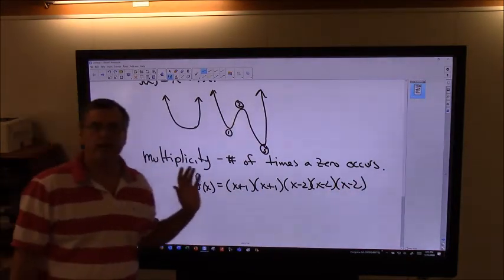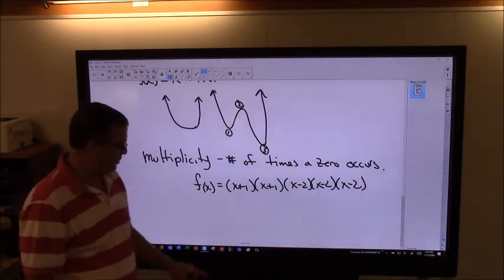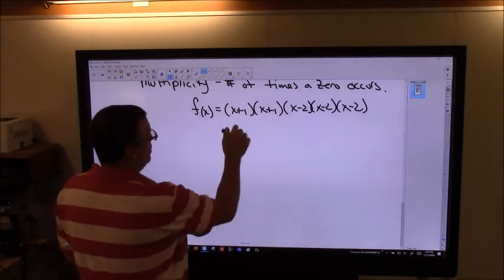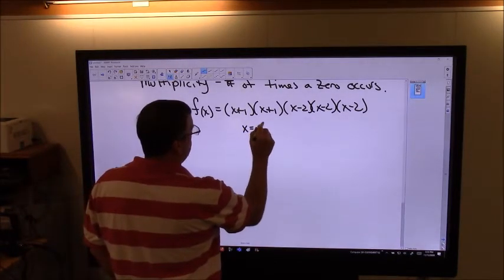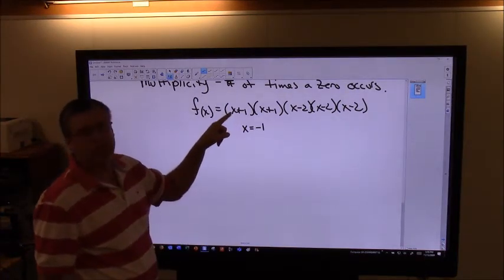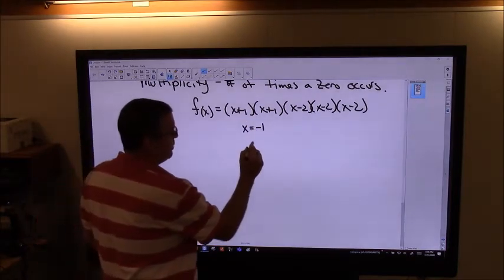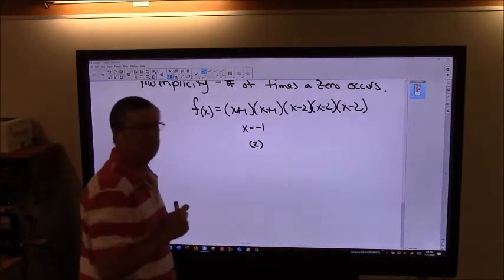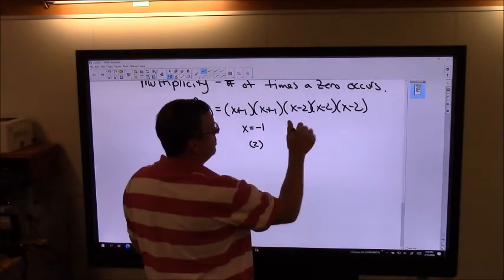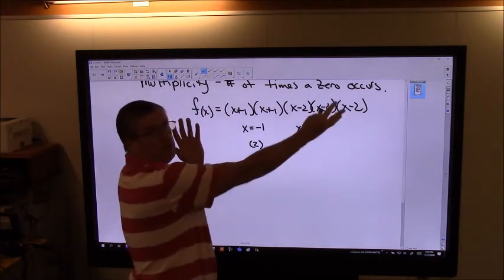And let's say I asked you to graph this. That sounds like it might be kind of hard, but it's really not that hard. So x equals -1. I know I'm going to have a 0 at x equals -1, but I know it's going to happen twice. So this has a multiplicity of 2. And I also know there's going to be a 0 at x equals 2, whatever makes this equal 0.